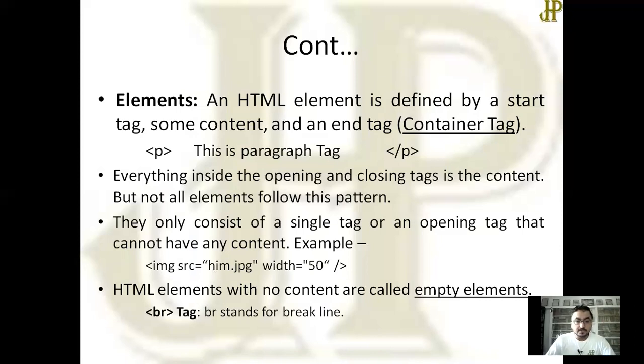So the first attribute to be given is src is equal to value. Then the second attribute should be separated with a space. Then the second attribute is width is equal to 50. And after that, we have to apply a forward slash. Clear?